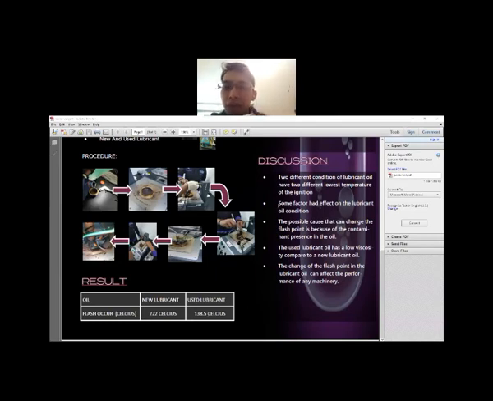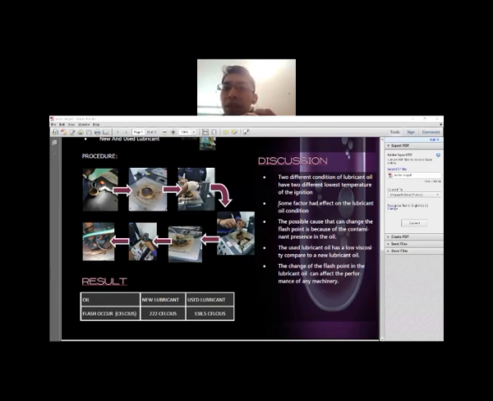So the discussion we can make from this is that two different conditions of the lubricant oil have two different lowest temperatures of ignition, which means the new lubricant oil has a different value from the used lubricant oil. Based on the result, the flash point of the used lubricant oil occurs lower than the new lubricant oil. Some factors had an effect on the lubricant condition. This result may be caused by contaminants present in the oil.